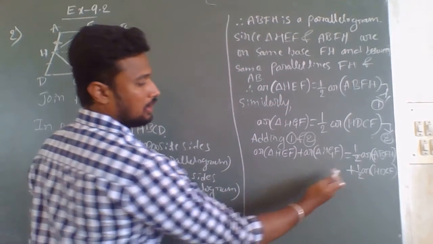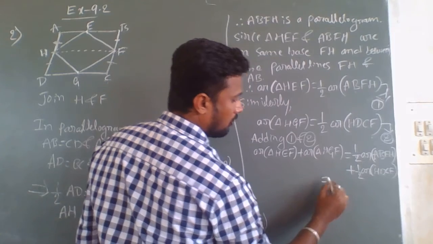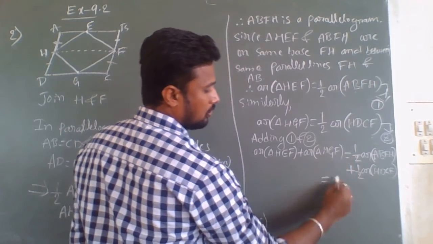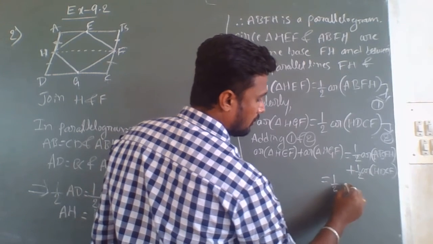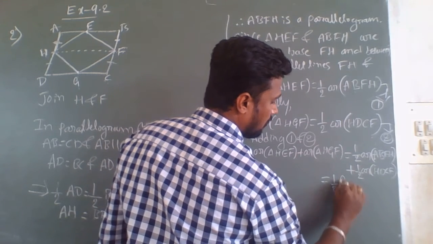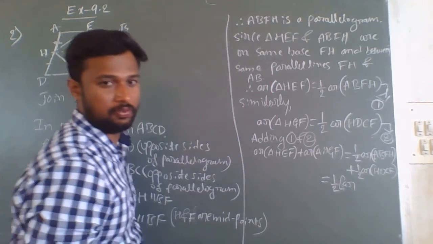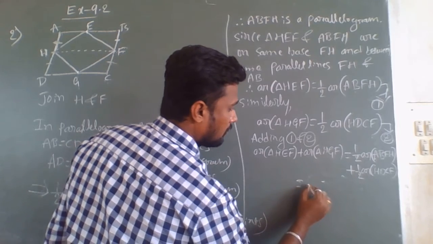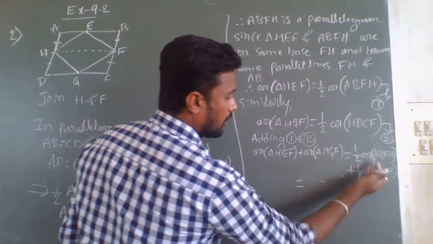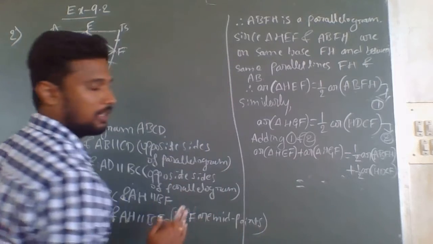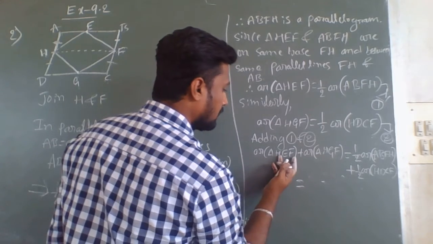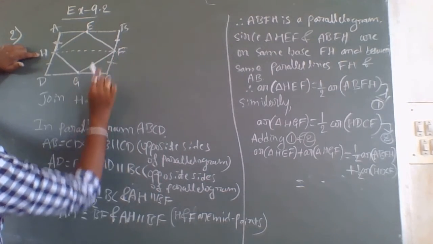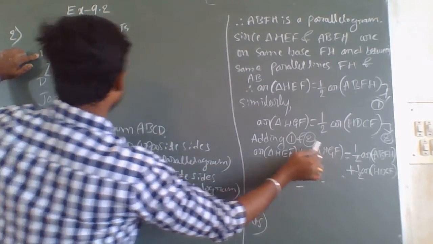Now here at the right hand side, 1 by 2 is common, so I will take 1 by 2 outside. Before writing the right hand side, first we will consider the left hand side only. Triangle HEF, you can see in the diagram, plus area of triangle HGF.